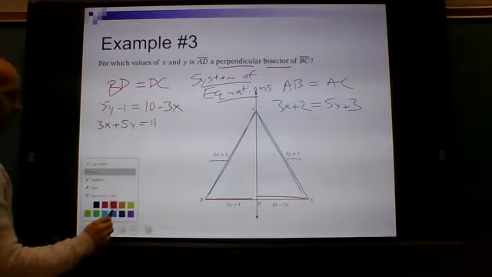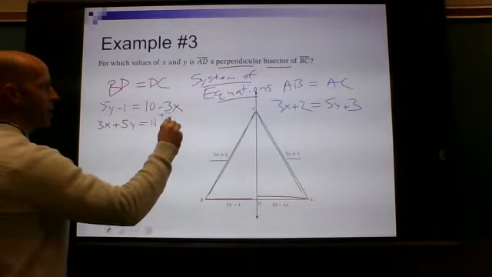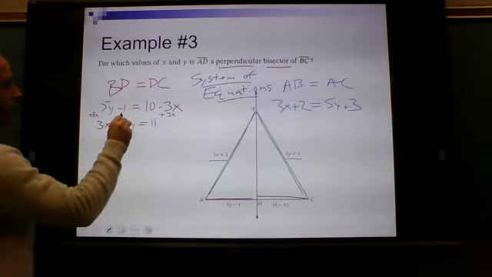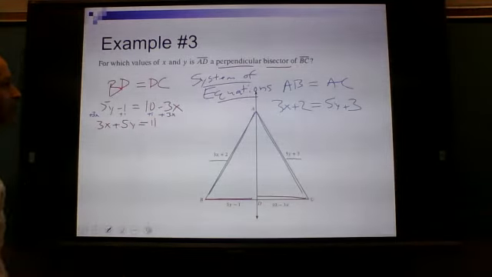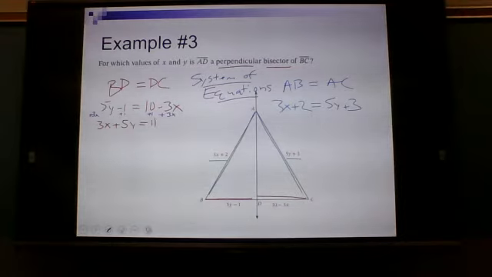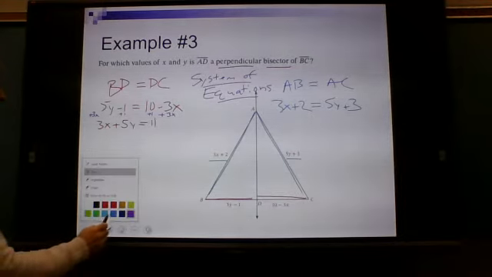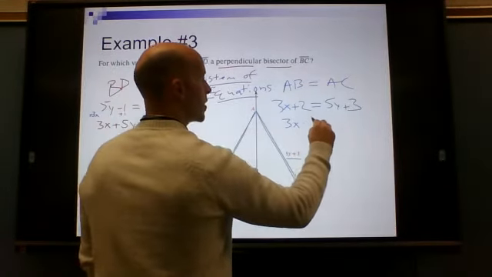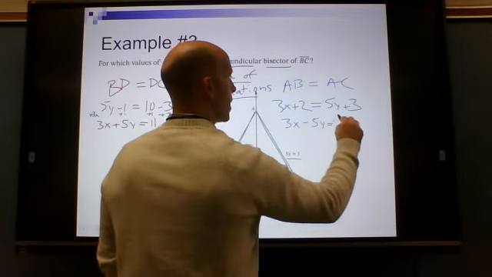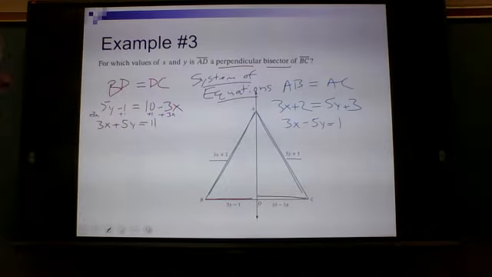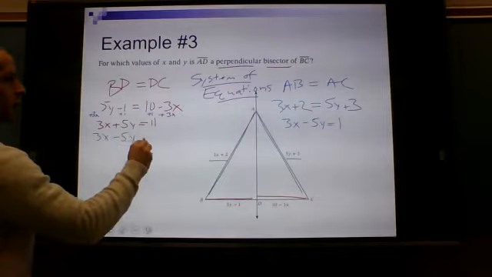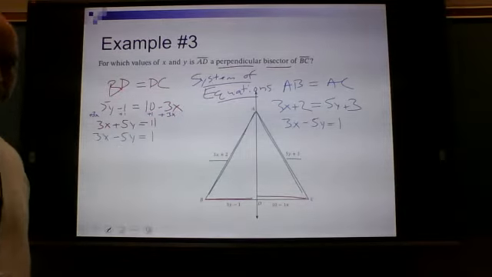Notice, I can't add 3x to 5y because they are not like terms. Over here on this other side, this is going to be 3x minus 5y equals 1.